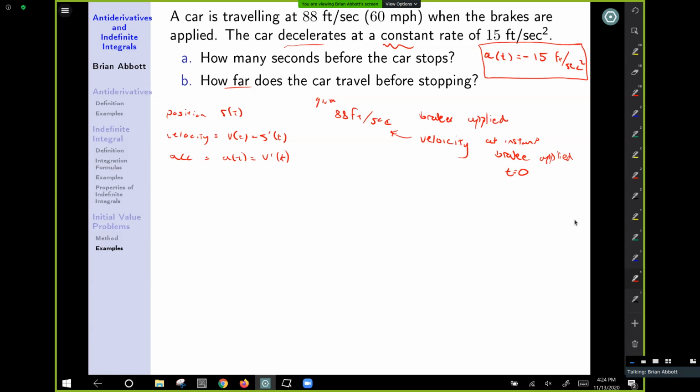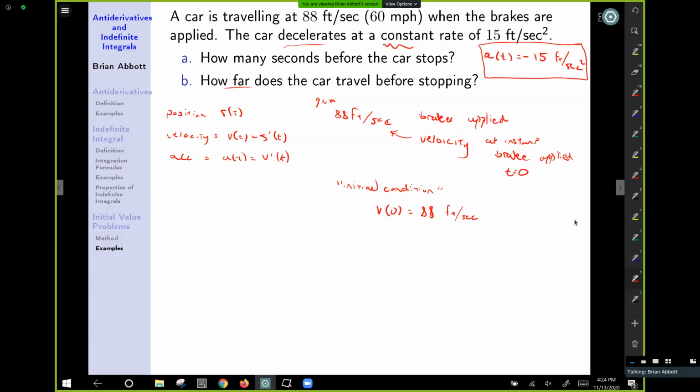So this given information actually gives us a, quote, initial condition. We don't oftentimes write this down as an initial condition, but that's where the name of this process comes from. So this tells us that v of 0, the velocity at time equals 0 when we start counting, is 88 feet per second.